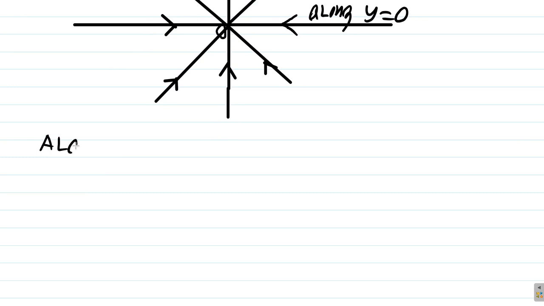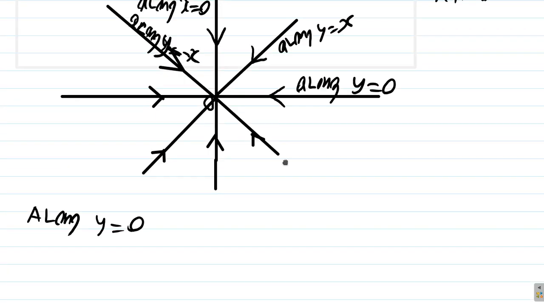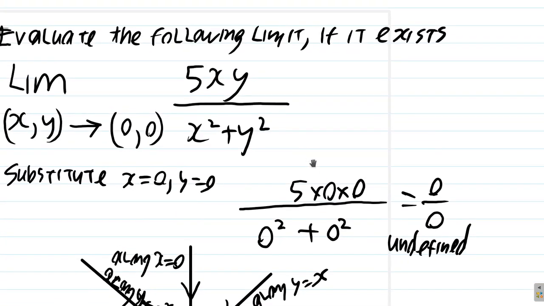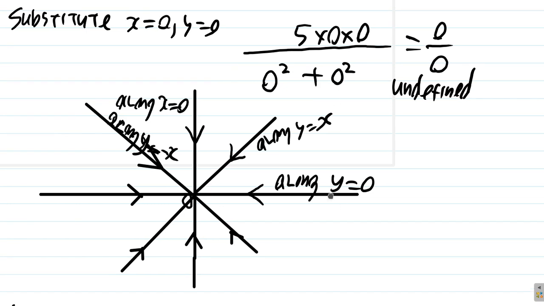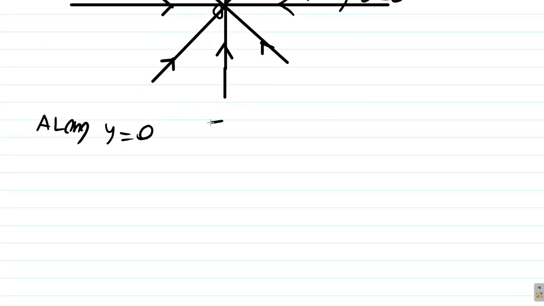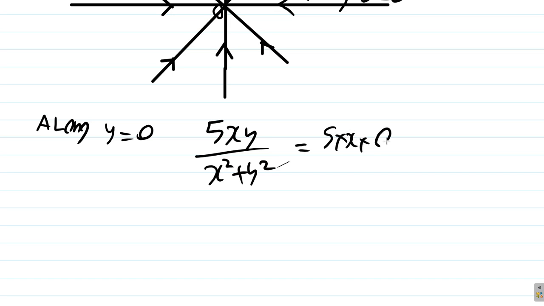Suppose we move along y equals 0. We have 5xy over x squared plus y squared. In this case, when y is 0, you will have 5 times x times 0 divided by x squared plus 0.